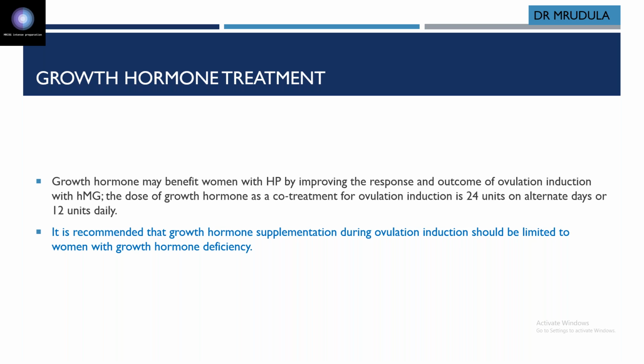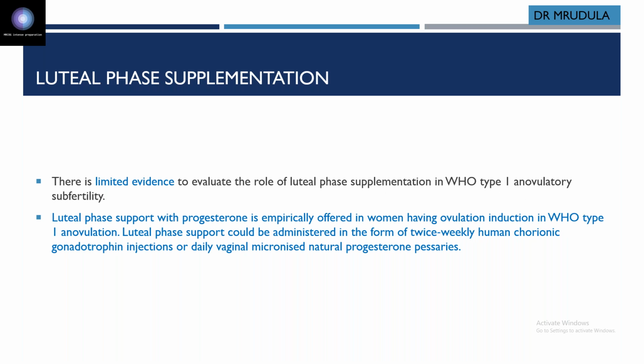But for hypopituitarism, if the growth hormone is deficient, you can use growth hormone along with gonadotrophins. Regarding luteal phase supplementation, there is limited evidence, but what the TOG advocates is that luteal phase support with progesterone should be empirically offered, either as twice weekly hCG or daily vaginal progesterone pessaries.